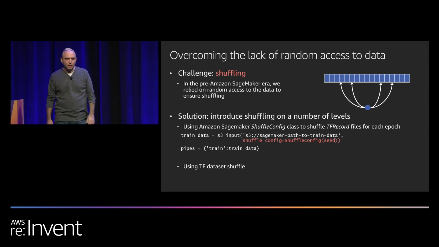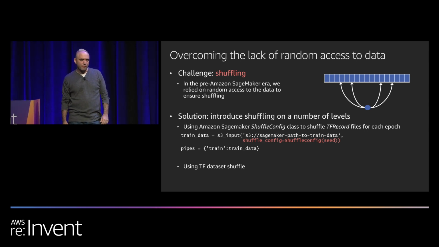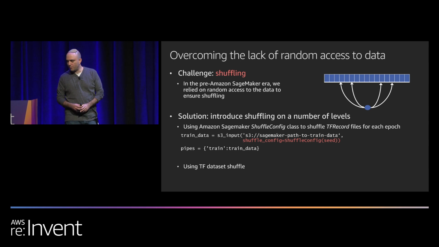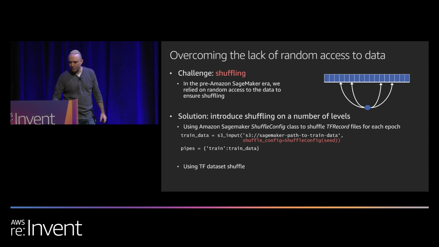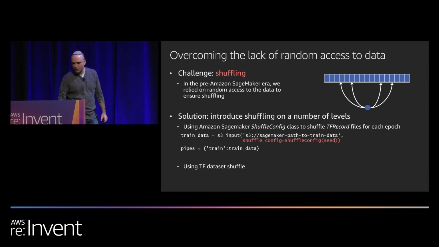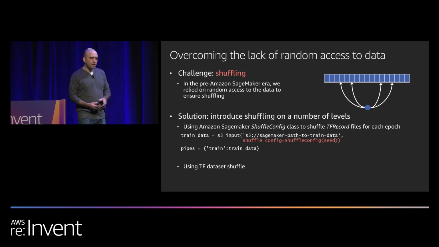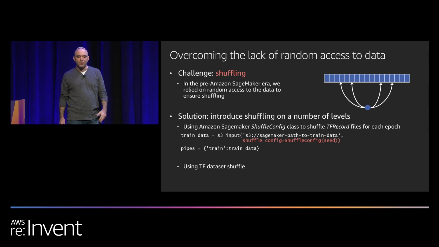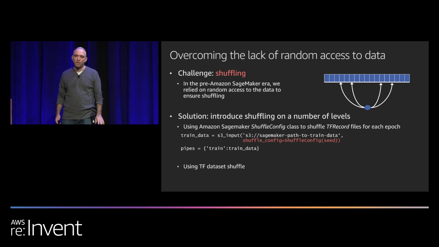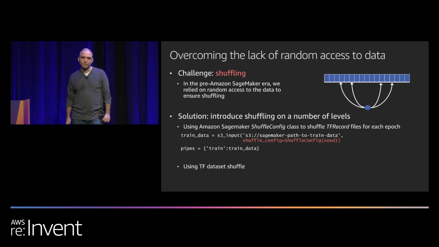We overcame this limitation by introducing shuffling on a number of levels. Most importantly, we configured our pipes with the Amazon SageMaker Shuffle Config class. This ensures that the dataset files associated with each pipe are shuffled before each epoch.